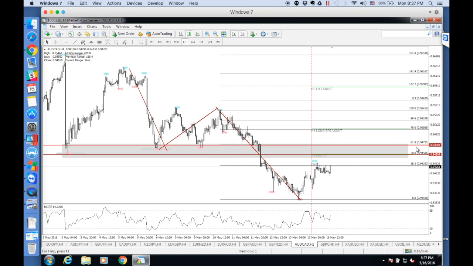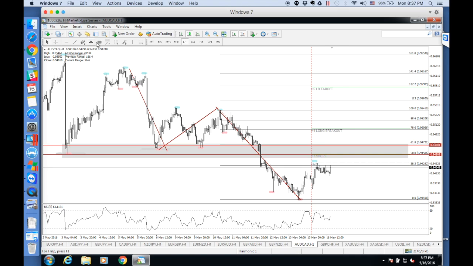If there's 50 and there's 61.8, I don't usually choose two levels, I only pick one. To me, risk to reward is very important. So in this case, when there are two options, I would be entering at 61.8. Why 61.8?